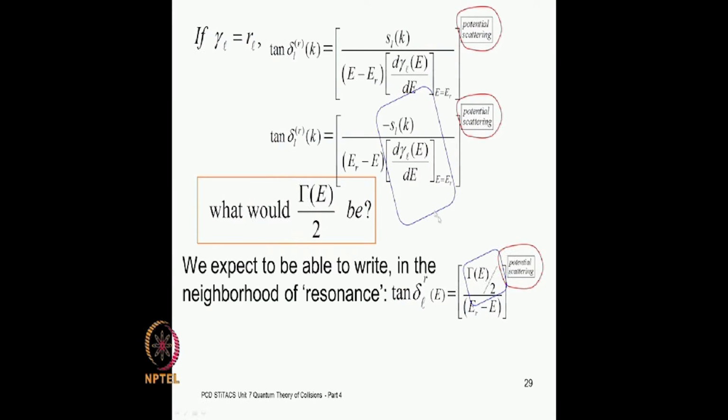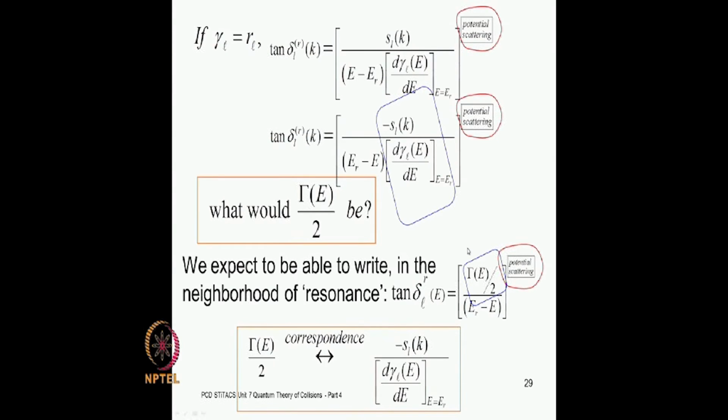These two parts must correspond to each other, and that gives us an interpretation of the resonance width gamma for the potential scattering. You can interpret gamma once again in the same fashion, that half of that divided by the energy difference will be the tangent of the phase shift at resonance. So, this is the correspondence which is emerging from this comparison.